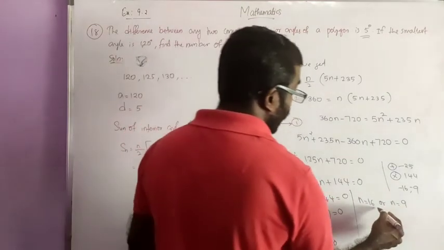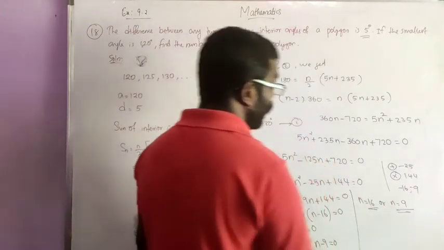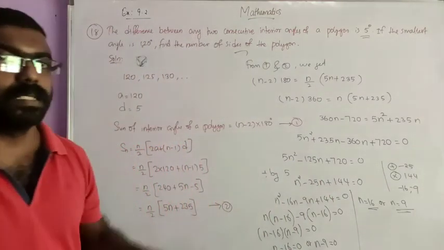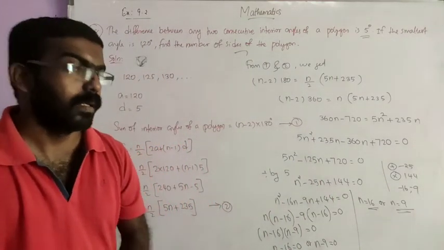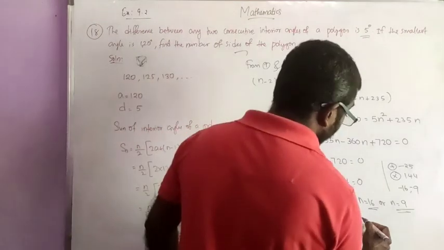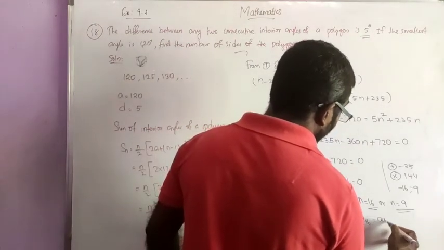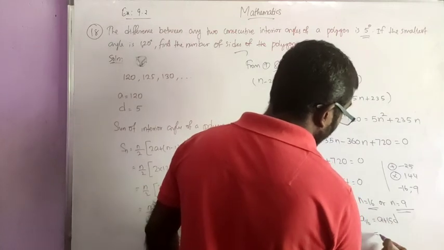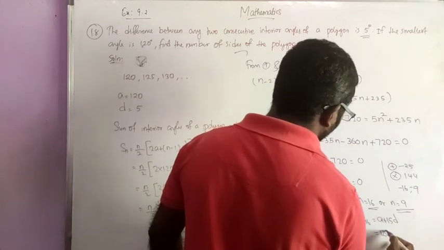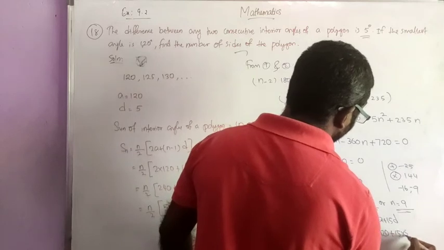Here we have to select the right value. For that we can replace this in the nth term. So we can find A16, the 16th term, a plus 15d. That is, here it is 120 plus 15 into 5.